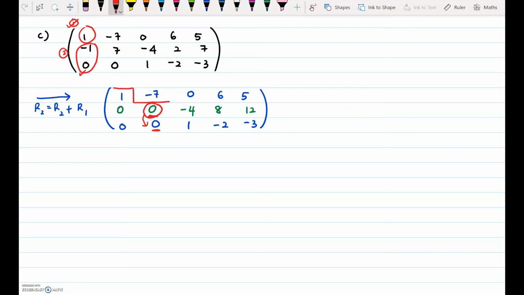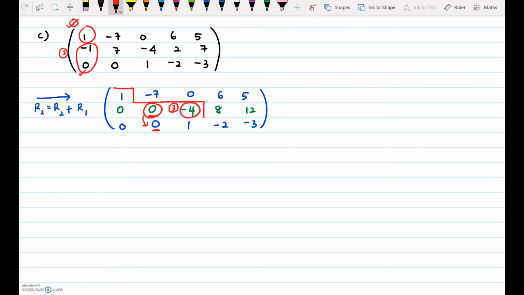So in this case we will proceed with the next column, but it must be in your second row. So this will be your next leading one. That means this will be your third step.